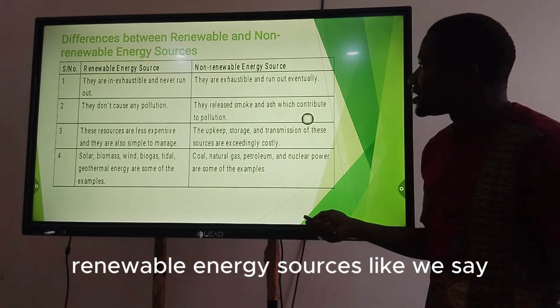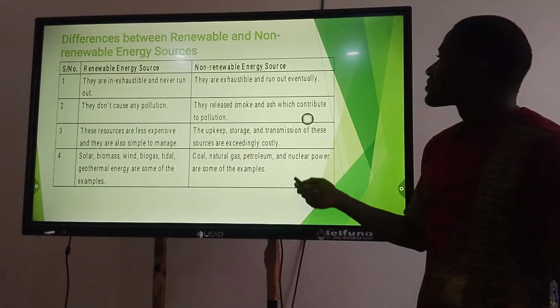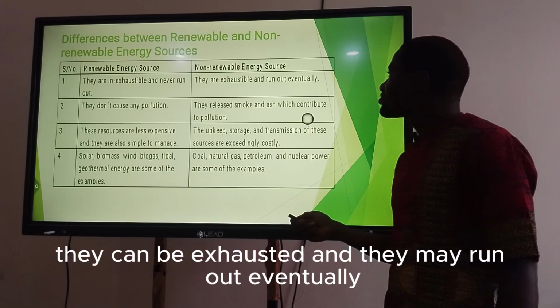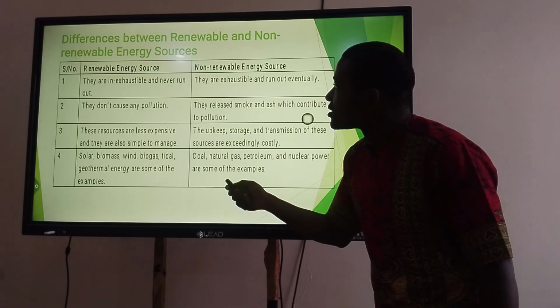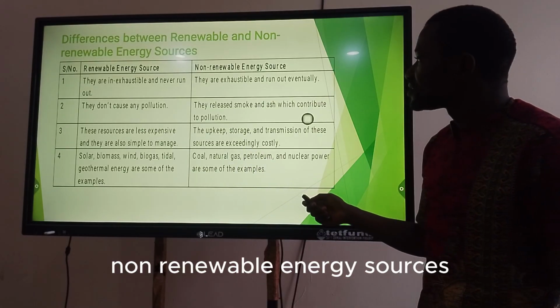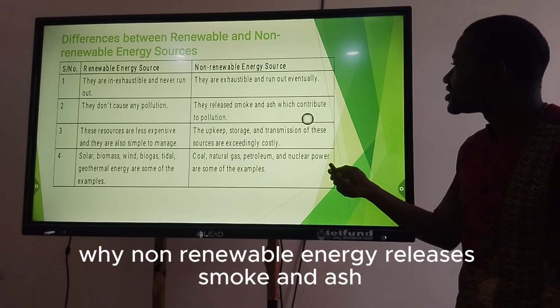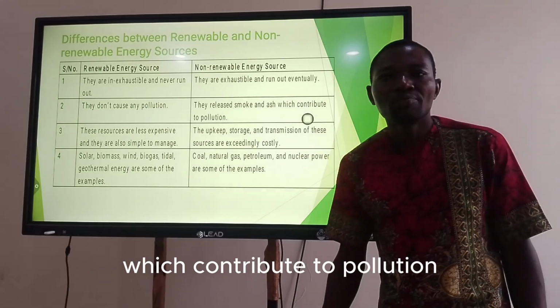Okay, let's look at differences between renewable and non-renewable energy sources. Renewable energy sources, like we say, are inexhaustible and never run out, while non-renewable energy sources can be exhausted and may run out eventually. Renewable energy sources don't cause any pollution, while non-renewable energy releases smoke and ash, which contribute to pollution.